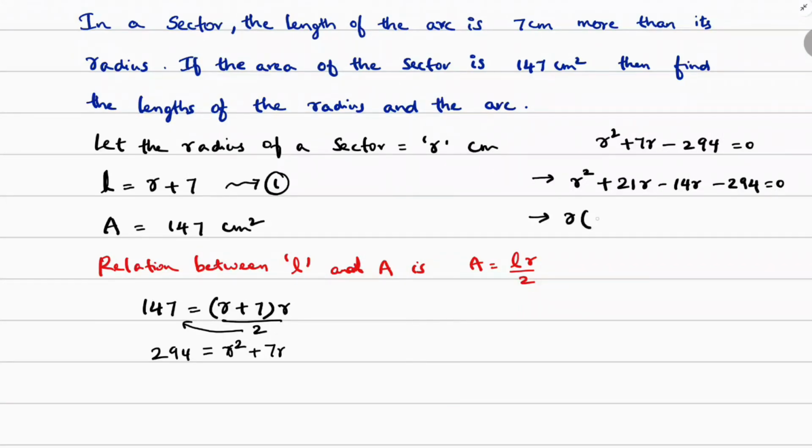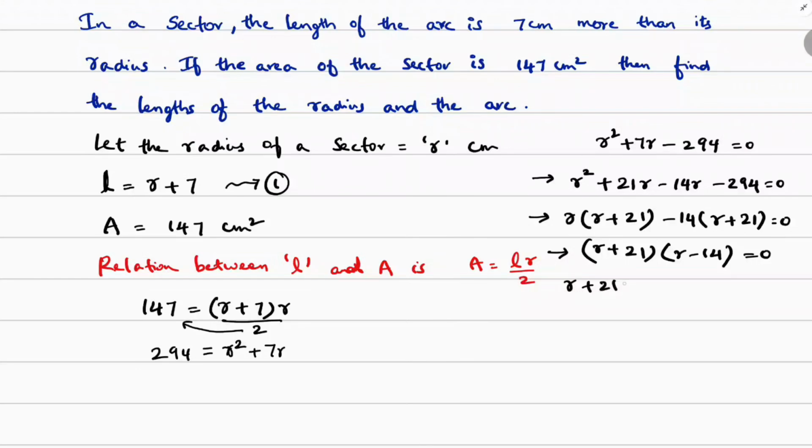So if we'll take R common, R into R plus 21 minus 14 into R plus 21 equals 0. So now here next step, I'll take R plus 21 common, then I'll get R minus 14 equals 0.